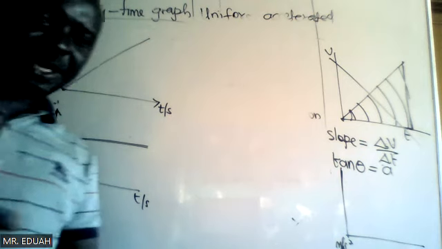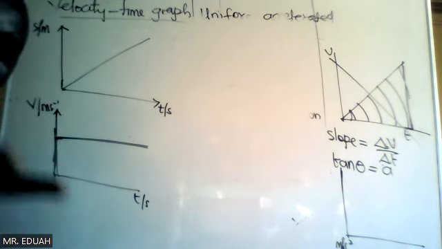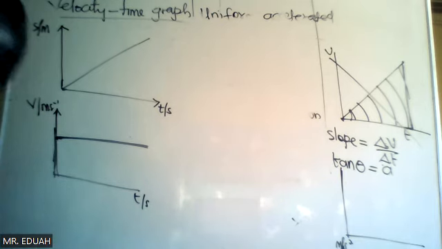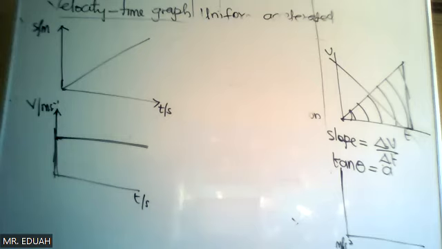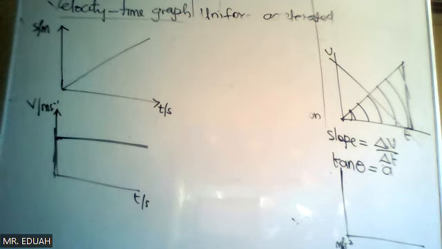Let me now open the floor to anybody. If you think what you've seen is the absolute view, share with us. What have you seen? Okay, Michael, go ahead. So with the displacement time graph, the body is in motion.